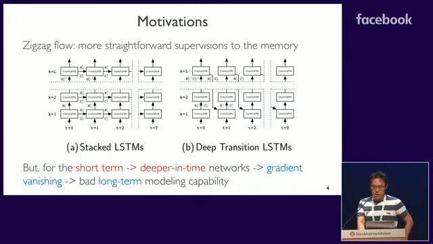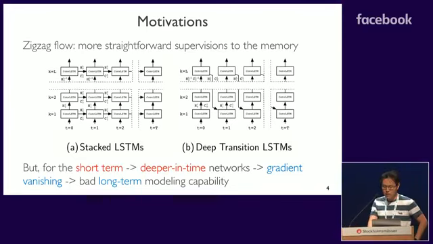Here's our motivation. The PredRNN model, the previous version, uses a zigzag memory flow. The good thing is that the zigzag memory flow provides more straightforward supervision to the training of the memory structures. It also adds more recurrent computing units in local temporal neighborhoods so that the model can capture the short-term dependencies, especially the sudden changes in the videos, quite well.